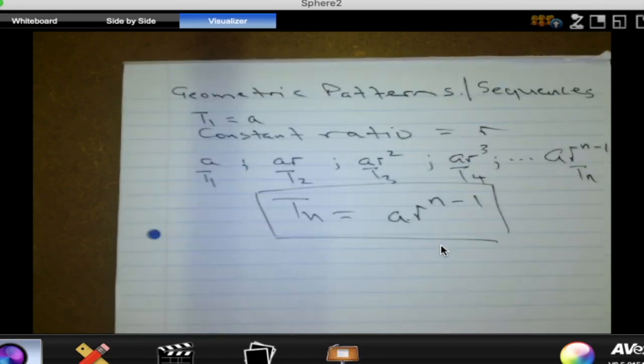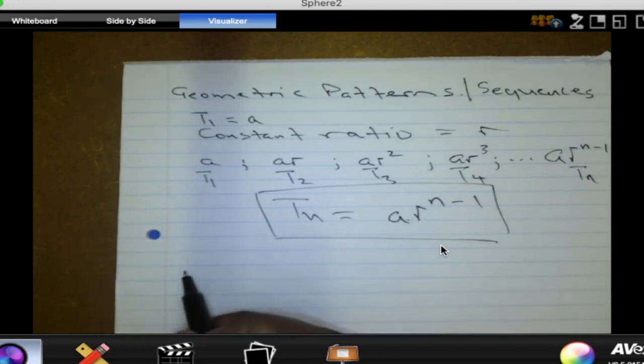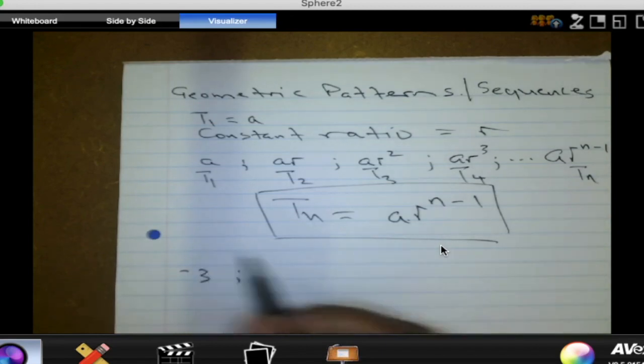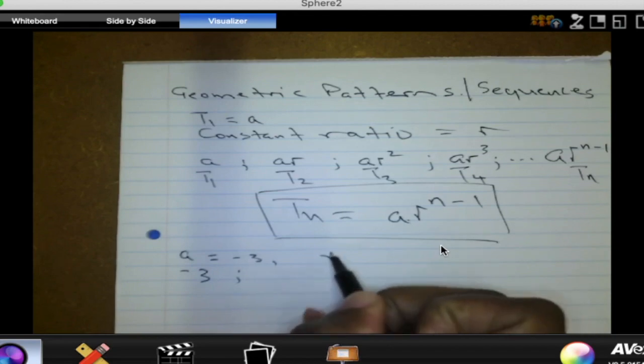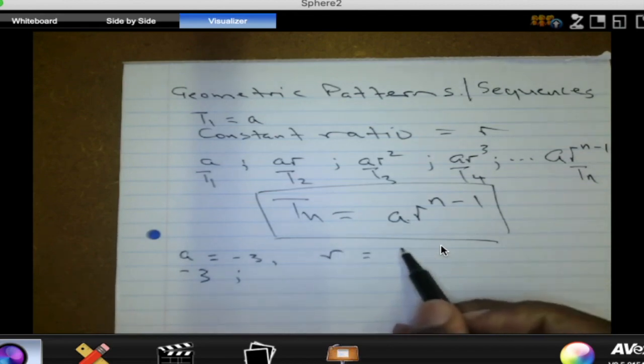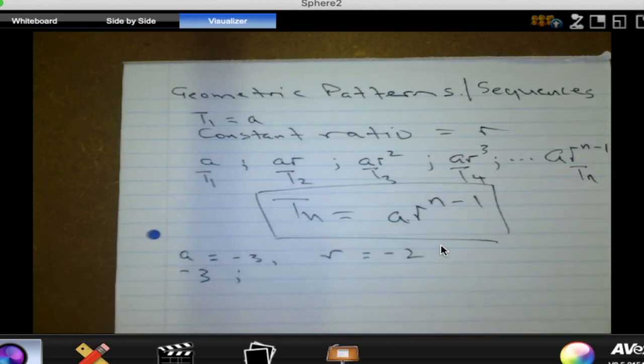Okay. Let's build such a pattern ourselves. Let's start from a negative 3. So A is negative 3. I want our constant ratio to be negative 2.